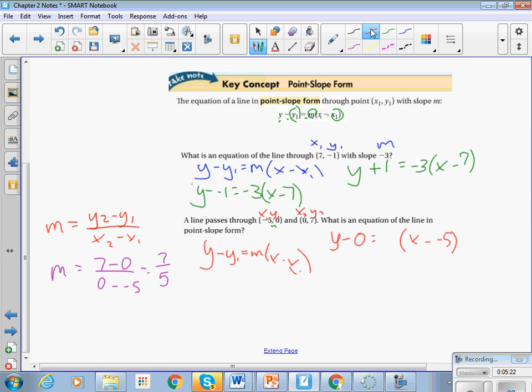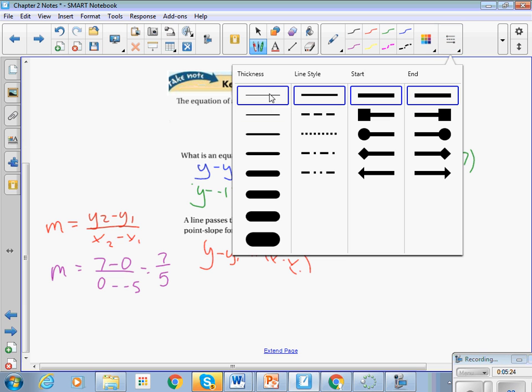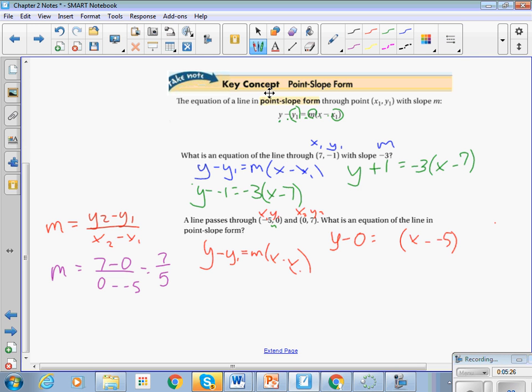So now I can go back here and put it in as my slope. We're going to simplify this one more step because I know y minus 0 is y, and it's 7/5 x plus 5. Minus a negative gives you a positive.